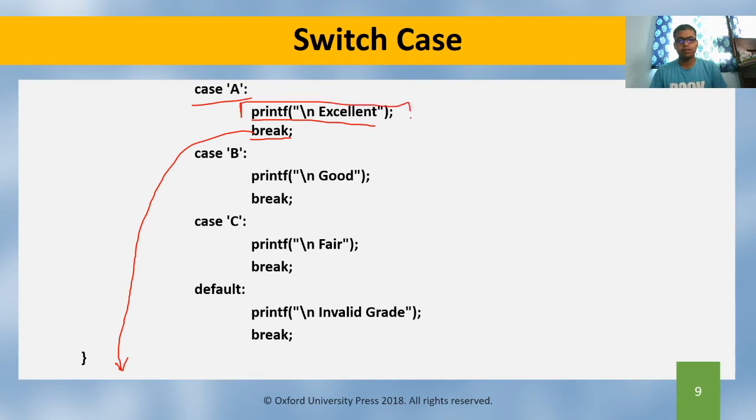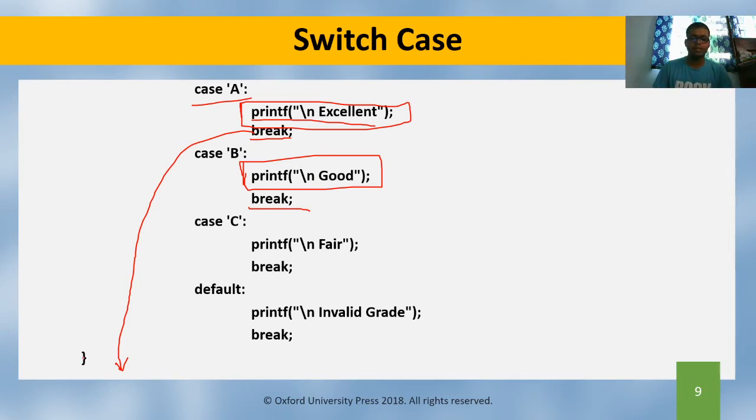this is the execution portion for case A, and this is the execution portion for case B. After this execution, one break will come. This break will terminate the switch case, and it will move outside of the switch case and go to the next statement present in the program.